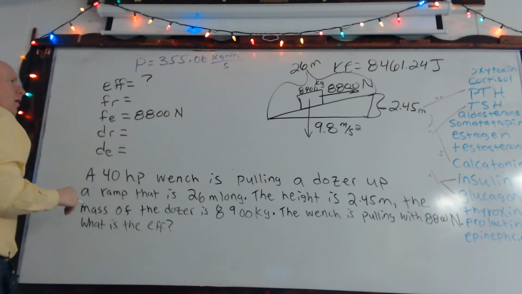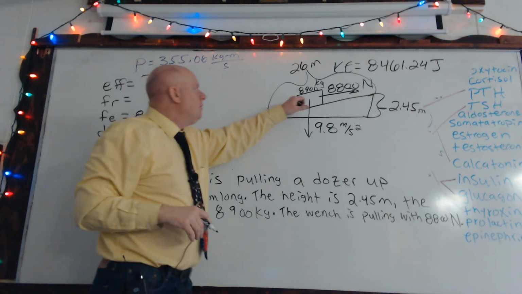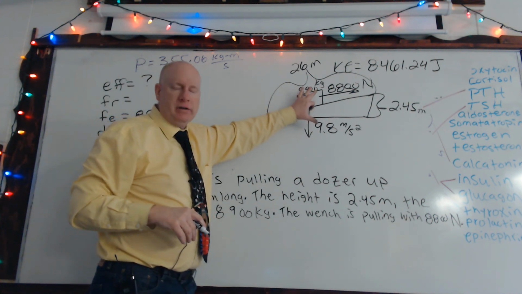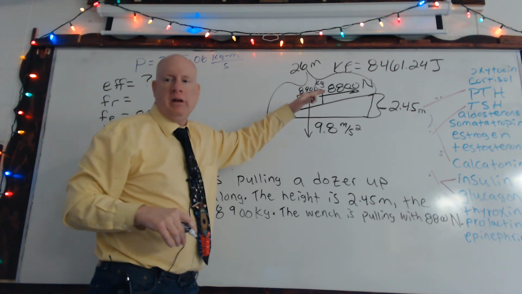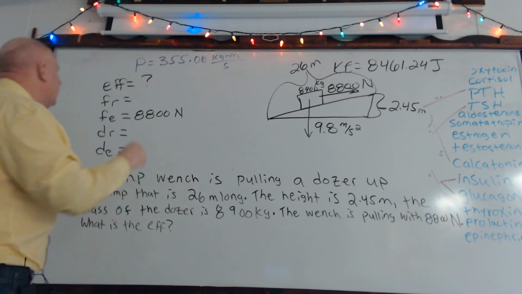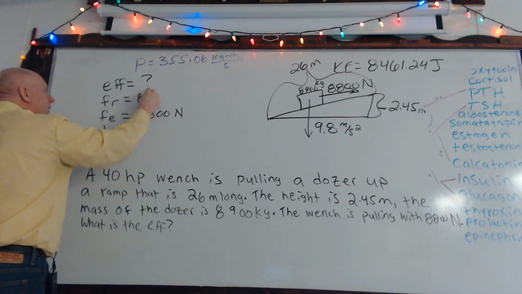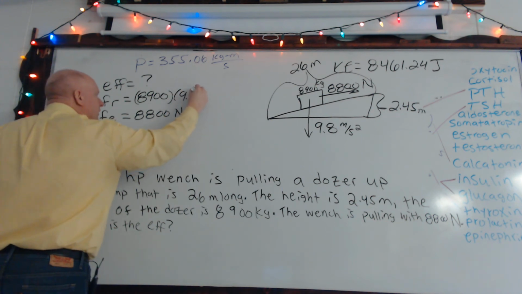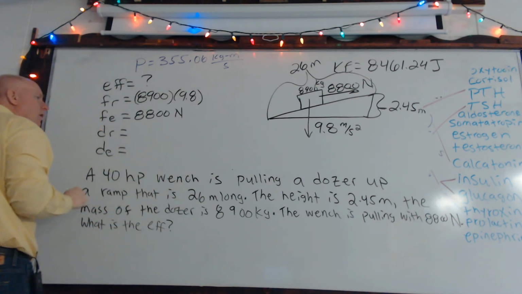The resistance from gravity pulling down doesn't give us a force, but of course we learned from the prior example that mass times acceleration would give us this force. So 8,900 times 9.8 gives us the resistance force.